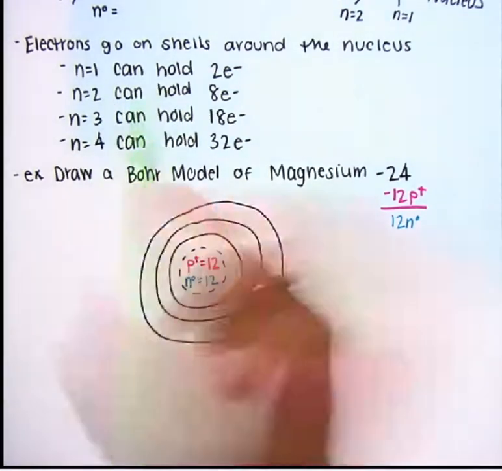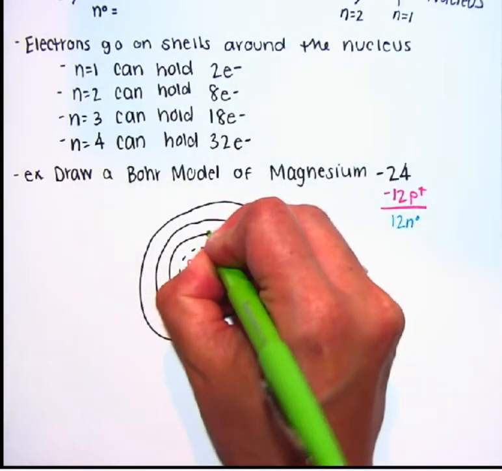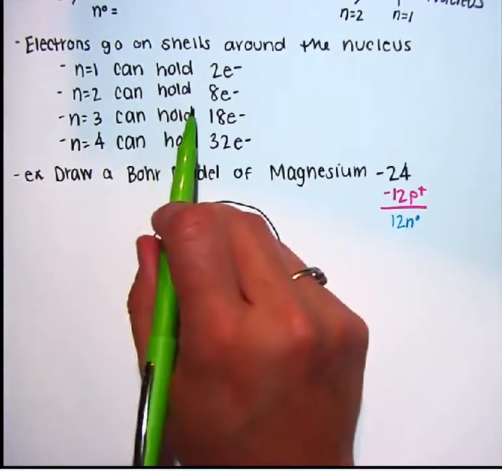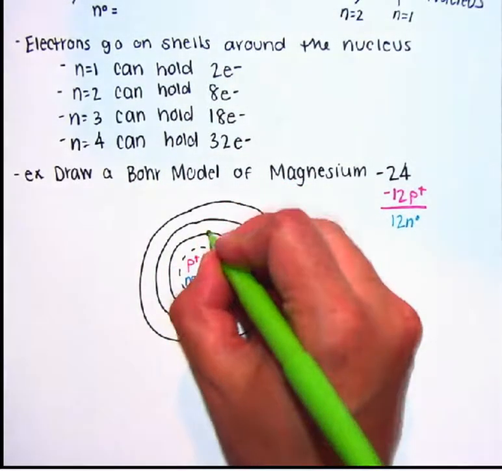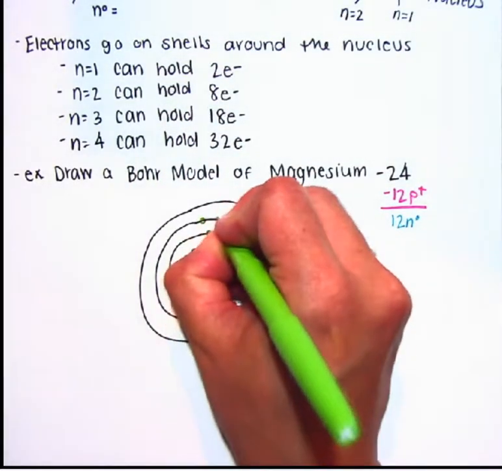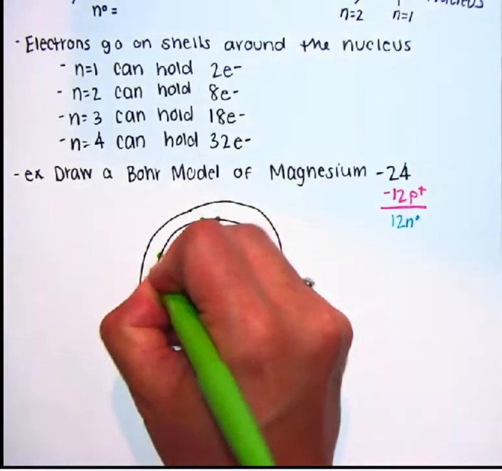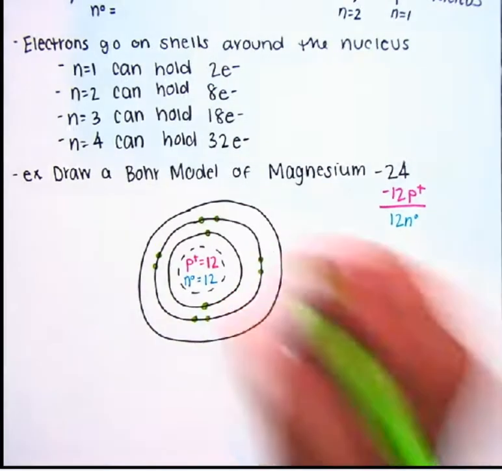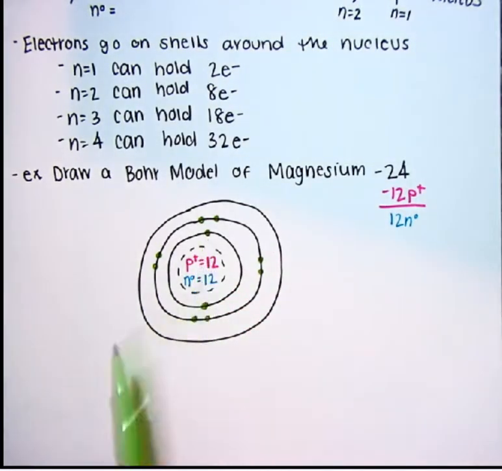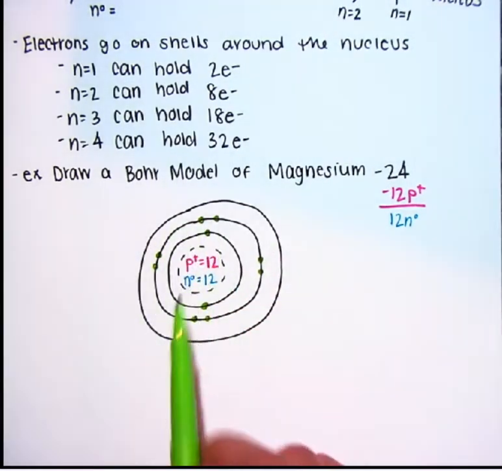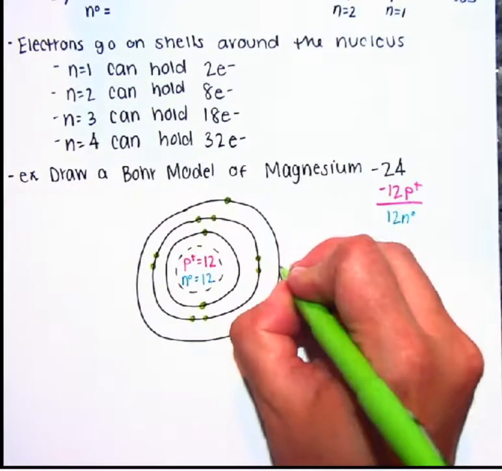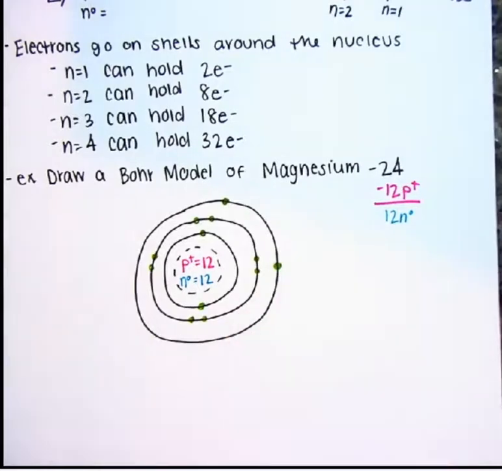The first energy level can hold 2. The second energy level can hold 8. So I have 2 in the first energy level, 8 in the second energy level. That gives me 10, 11, 12.